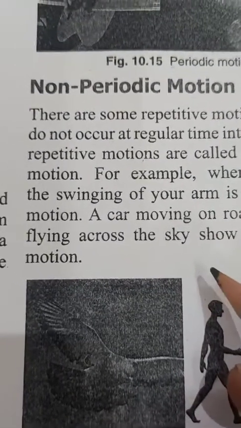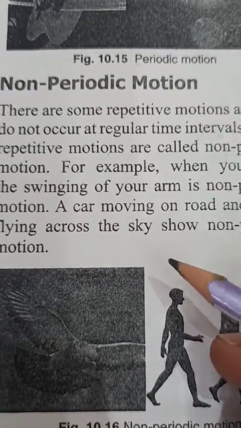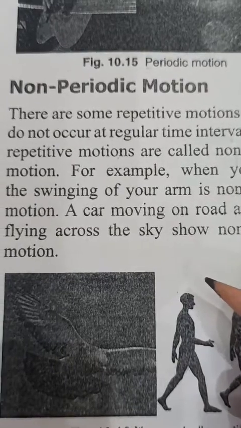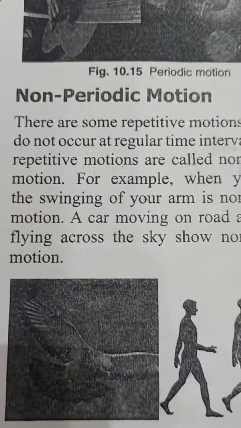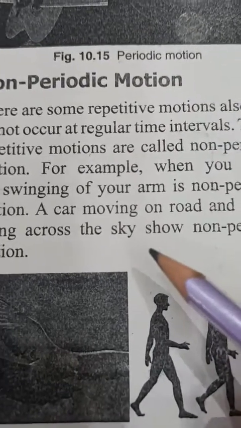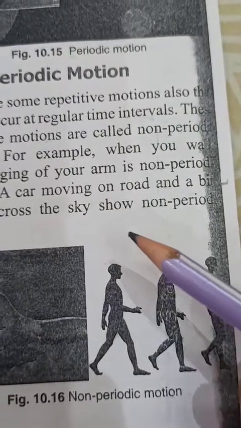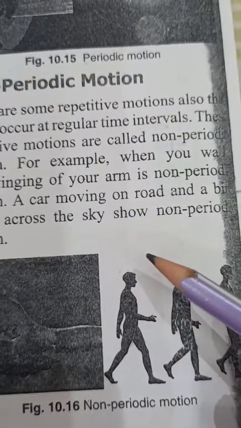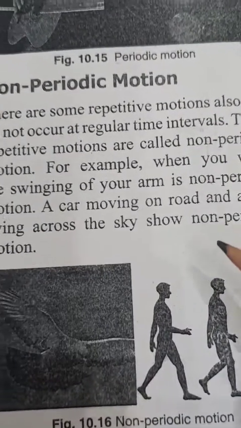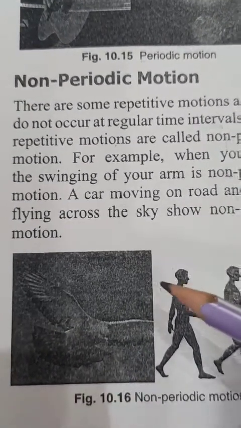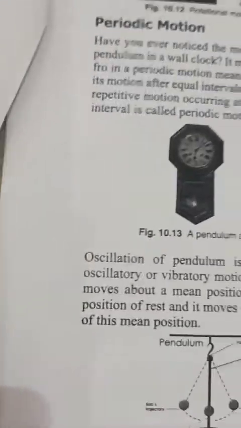At that time we can't say that the car is moving at the same speed. So that's why this kind of motion is also non-periodic. It does not repeat after equal intervals of time.